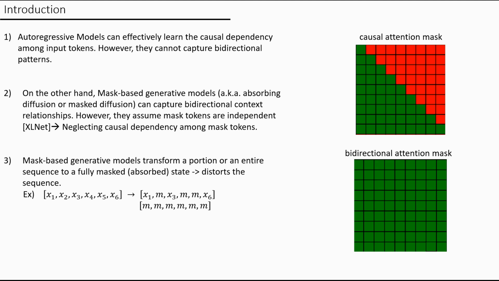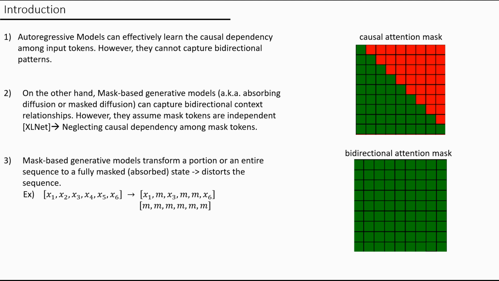So one of the advantages compared to the causal attention mask is that our model can learn the bidirectional context from our sequence. However, because of this bidirectional attention mask, the model assumes token independence during prediction because there is no causal dependency between input tokens or mask tokens during prediction.